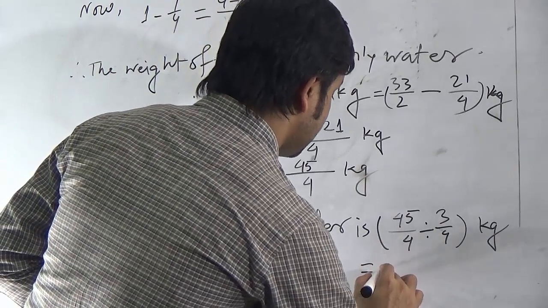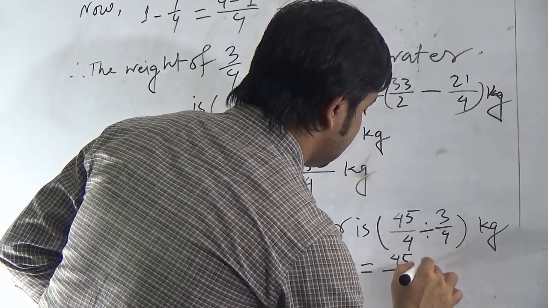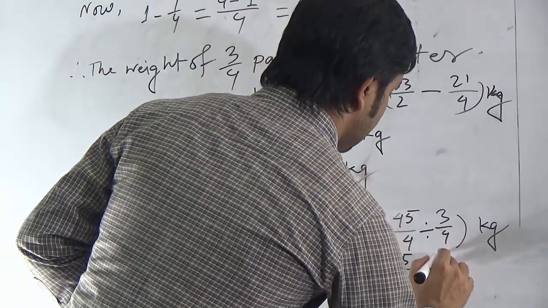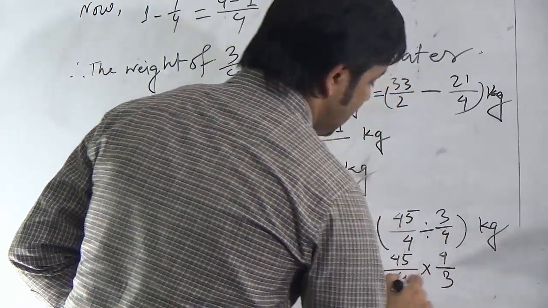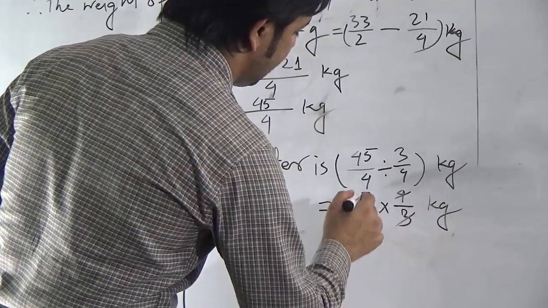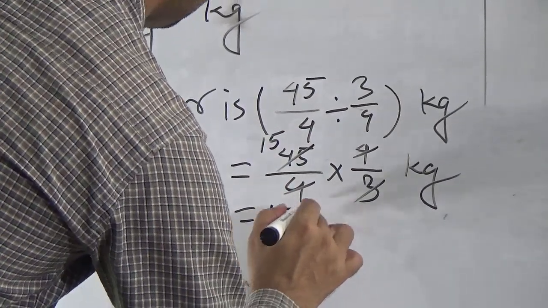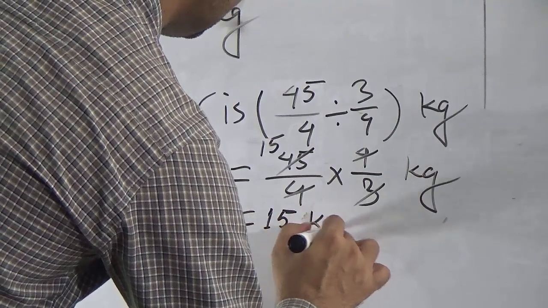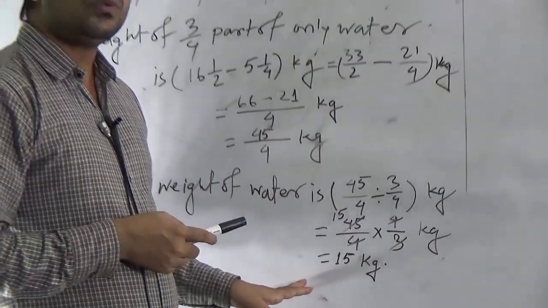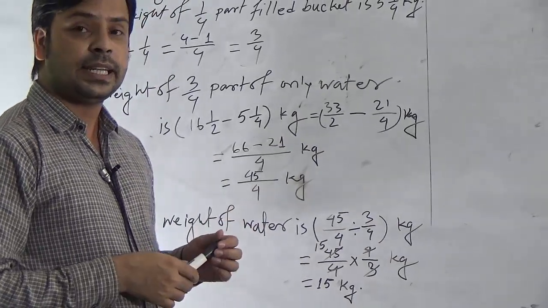It means 45 by 4 multiply by, as I have changed the sign, division to multiplication, I have to take the reciprocal fraction now. So if we calculate here, 4 and 4 we can cut, 3 we can divide 45 by 3, we will get 15. So here we are getting the total weight of water is 15 kg. Dear students, now we know the total weight of water, that is 15 kg.